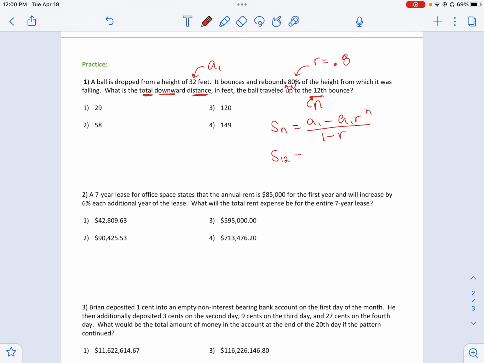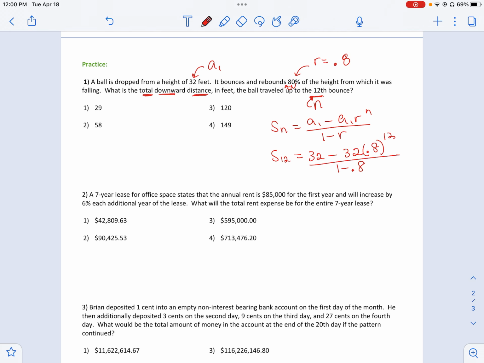I'm going to plug in for the sum of the first 12 terms, the starting height minus that same number times the 0.8, the rate at which it's decreasing in this case. Not the rate at which it's decreasing, that's false. It's 80% of the original height. It's actually decreasing by a height of 20%, to the 12th power over 1 minus the 0.8.